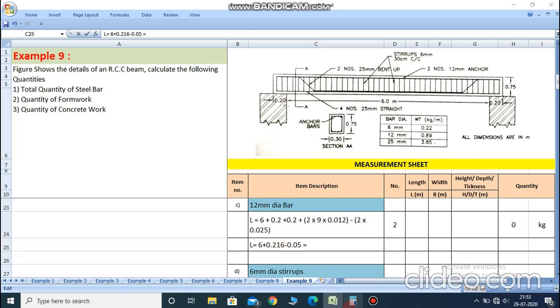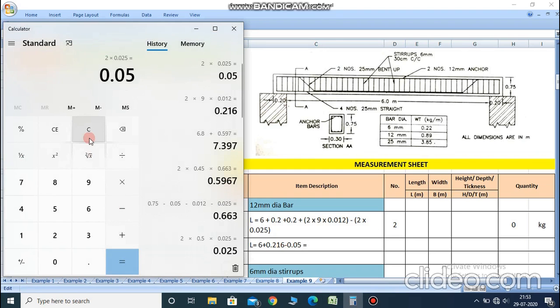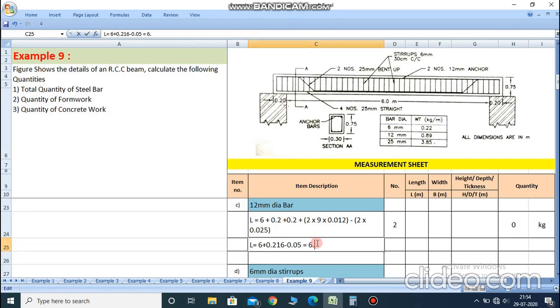So here we calculated 6 plus 0.216 minus 0.05. The answer we got is 6.16. Clear? So we got the answer 6.16 meter. So here the total length is 6.16 meter.